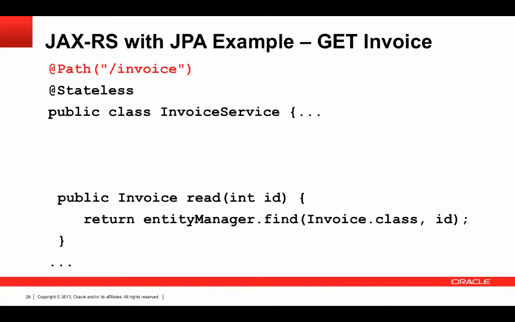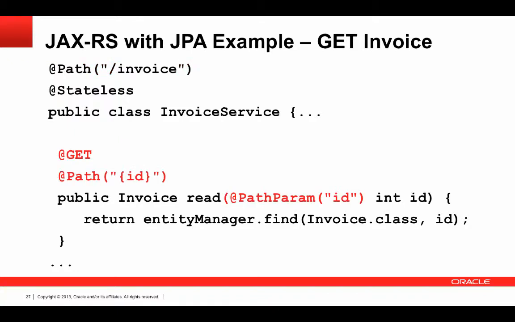The conversion to a JAX-RS bean requires the @Path, which here we're going to say adds the web context /invoice after our web root, and that makes us available to REST calls. The specific REST call that we're going to expose today is the GET operation. So we've taken this invoice read and said this method is going to be called when we get a GET.